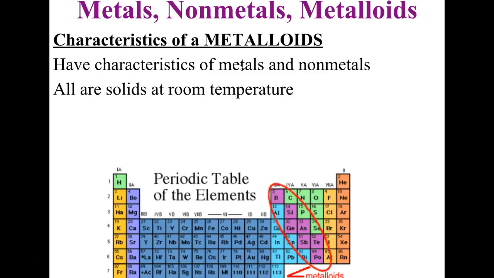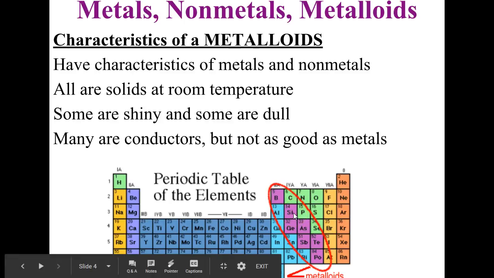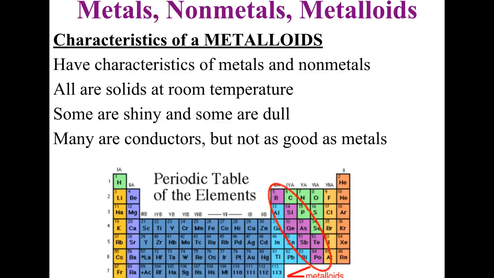They are solids at room temperature. Some of them are shiny, some of them are dull, and many of them are conductors, but not as good as metals. One interesting thing about metalloids, like silicone, silicone does not conduct electricity very well unless it's at very high temperatures.